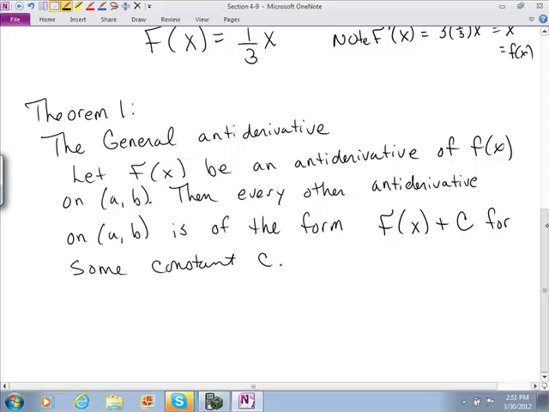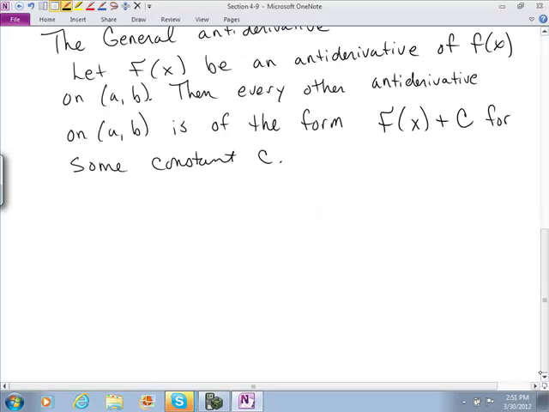So that takes us to this idea of the general antiderivative. Let F of x be an antiderivative of little f of x on the interval AB. Then every other antiderivative on that same interval is of the form F of x plus C for some constant C.